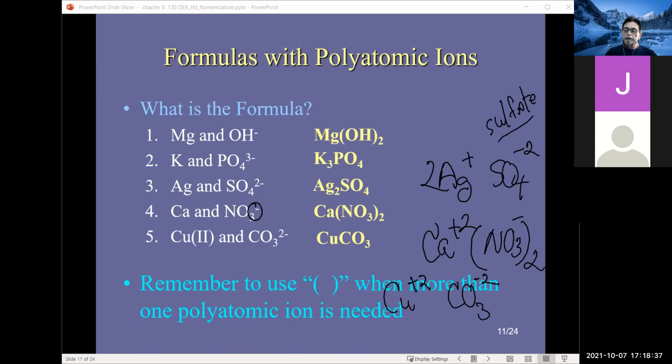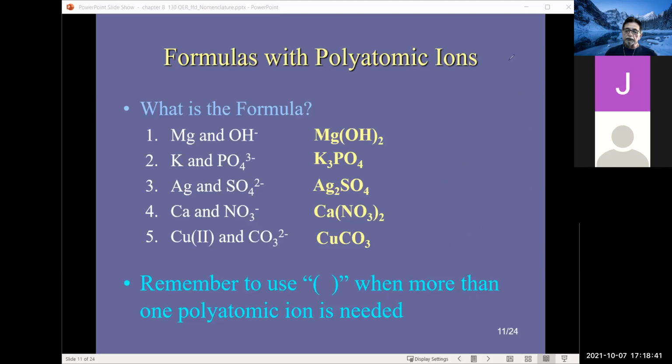Okay, now, the thing about this is, remember to use parentheses when you need more than 1 polyatomic ion. For example, that one and that one. When you only need 1, you just leave it alone. You don't need it. Naming wise, this is magnesium hydroxide.